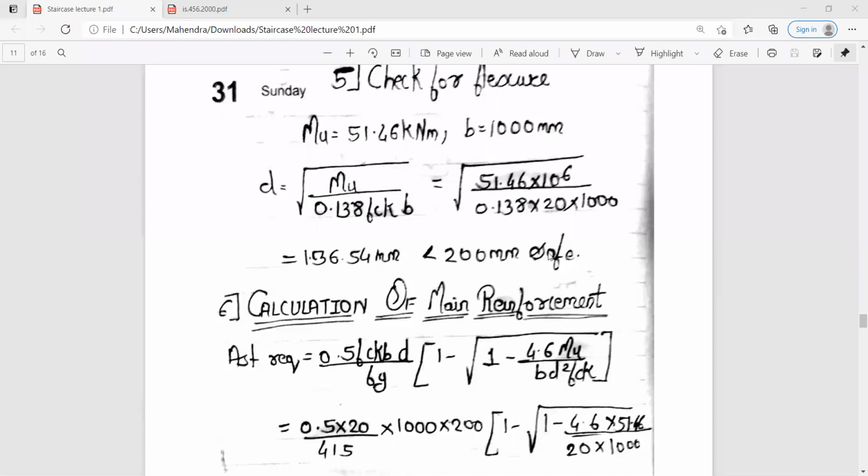After completing the 5th step, let me know so that we can proceed further. I shared the soft copy in your WhatsApp groups.